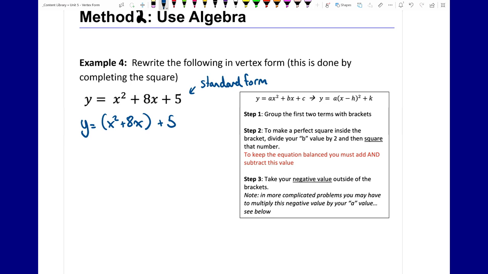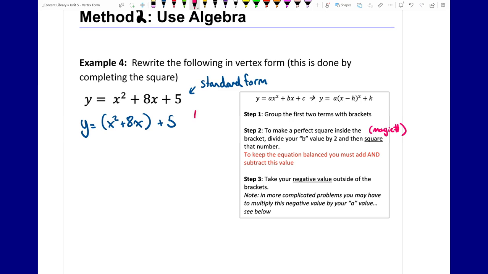It says to make a perfect square inside the bracket, divide your b value by 2 and then square that number. So this is what I call the magic number. We're trying to find a number that makes this bracket a perfect square.